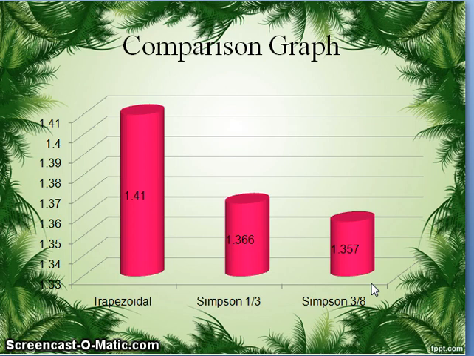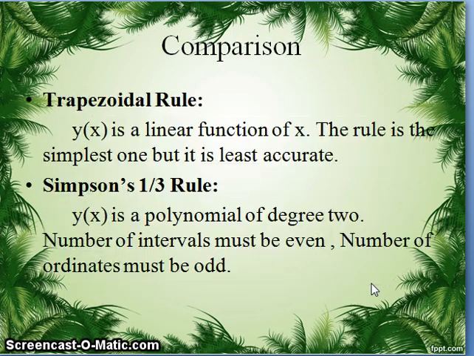But in order to get an approximate result for the given problem, you can use the Simpson's 1/3 rule. And for the comparison, the trapezoidal rule is a linear function, and this rule is the simplest one, but it is least accurate.